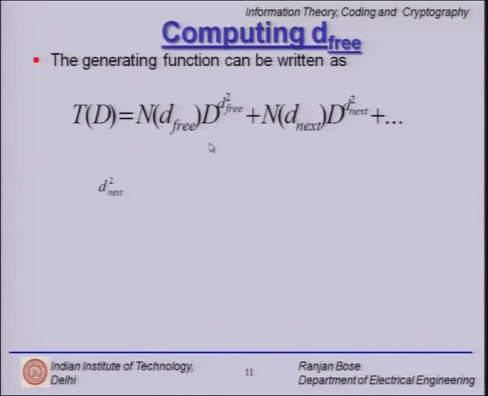Now, if you do not really have a closed form solution, you can write it as an expansion as follows. We had seen this earlier. It comes directly from the closed form expression, but in general we can write it like this.